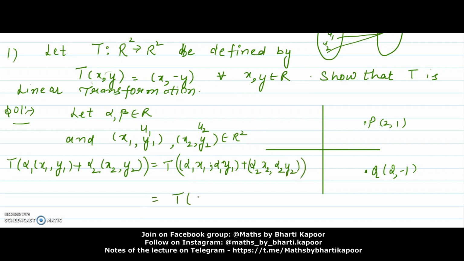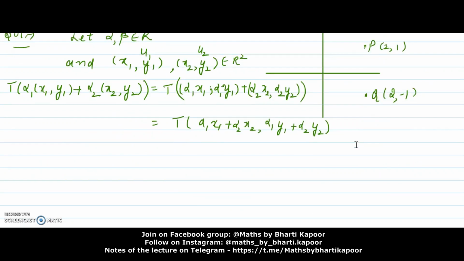which is equal to T of (alpha 1 x1 plus alpha 2 x2, alpha 1 y1 plus alpha 2 y2). This will be equal to (alpha 1 x1 plus alpha 2 x2, minus alpha 1 y1 minus alpha 2 y2). This is because T of (x, y) is equal to (x, minus y).